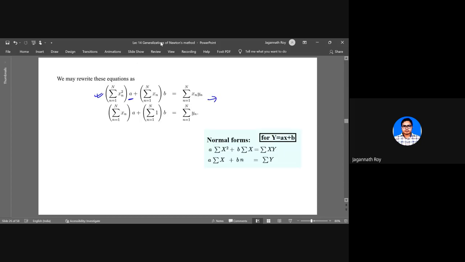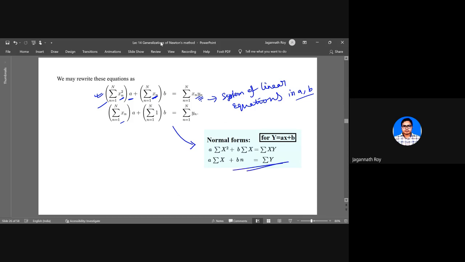So this is a system of linear equations in a and b. The xn are given, and xn, yn are also given. So all these values are given. These are called the normal equations.